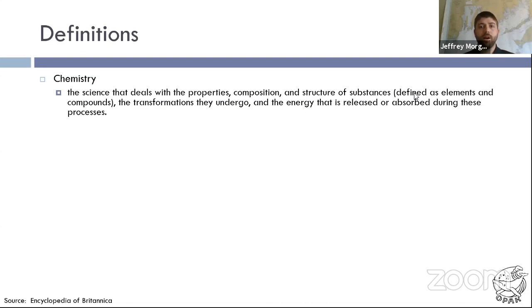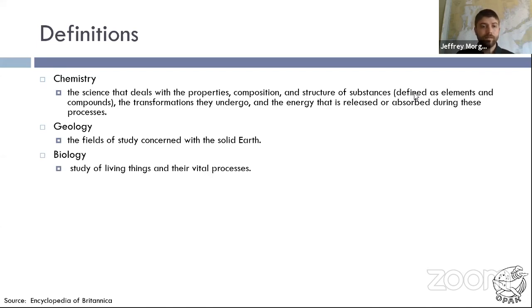And we're going to be talking a lot about how energy transfers through these systems versus geology, which is talking about the solid elements on our planet, which when we're talking about chemistry, geology is very closely related, especially in the ocean. And then we have biology, which is the study of our living things and their processes. And again, if we're talking about chemistry, we're usually talking about biological processes as well.